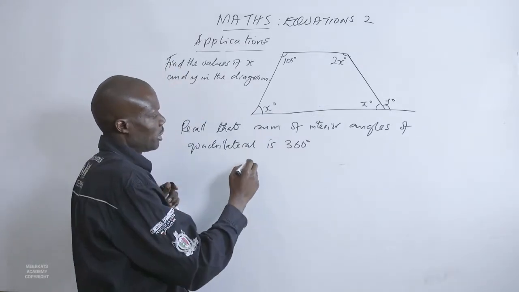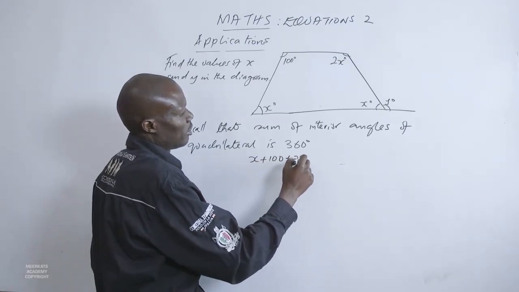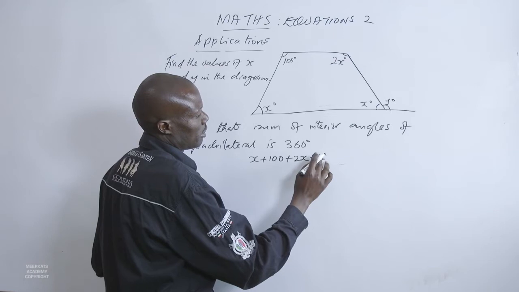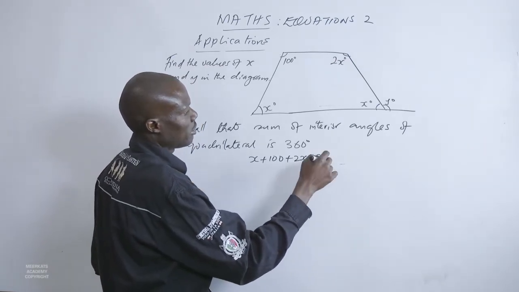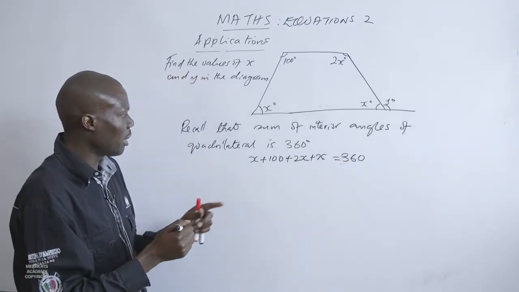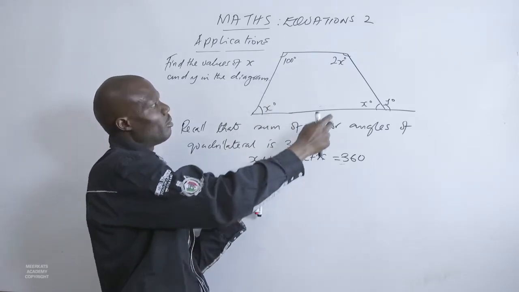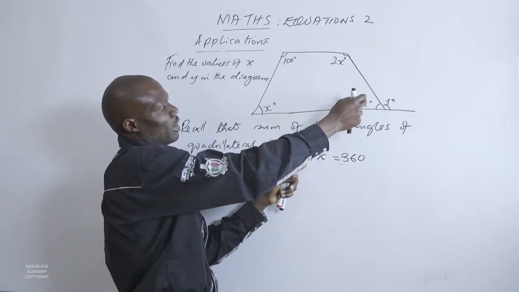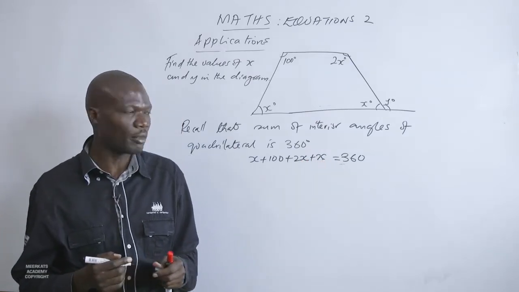Therefore, we shall say x plus 100 plus 2x plus x should give us 360 degrees. x plus 100 plus 2x plus x is equal to 360.